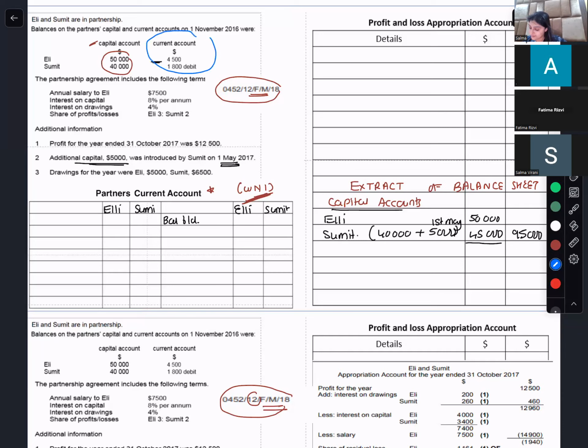Current account, 4,500. Normal balance will be on which side? Credit side. And Sumit has which balance? 1,800. Which side? Debit side.